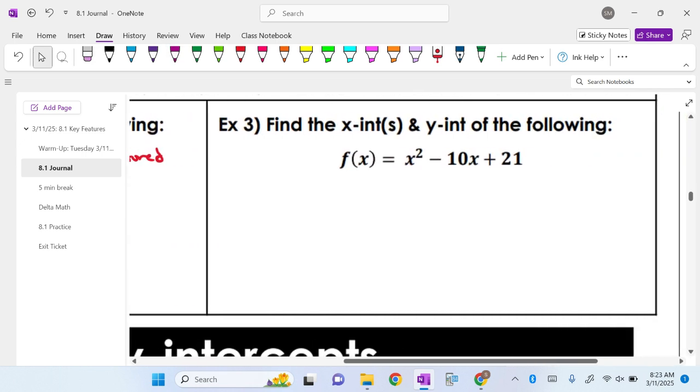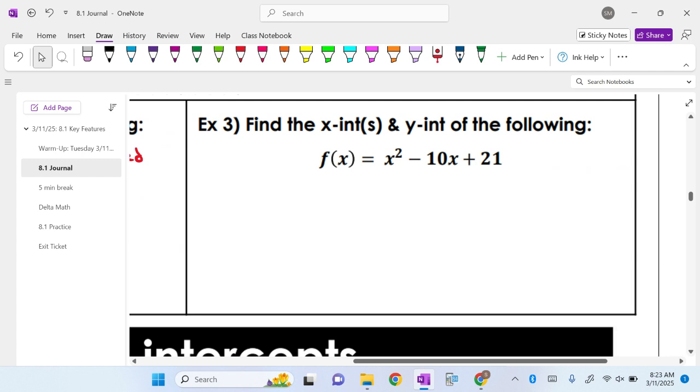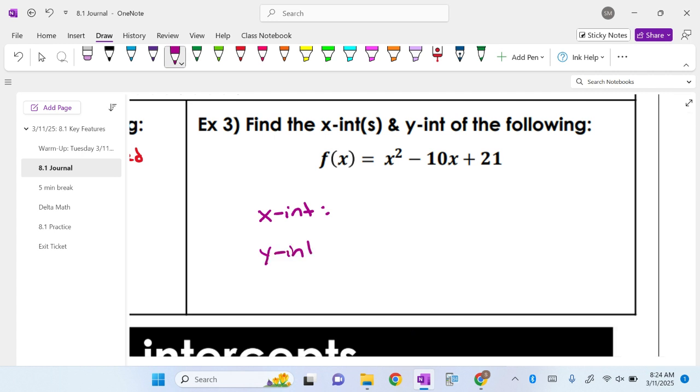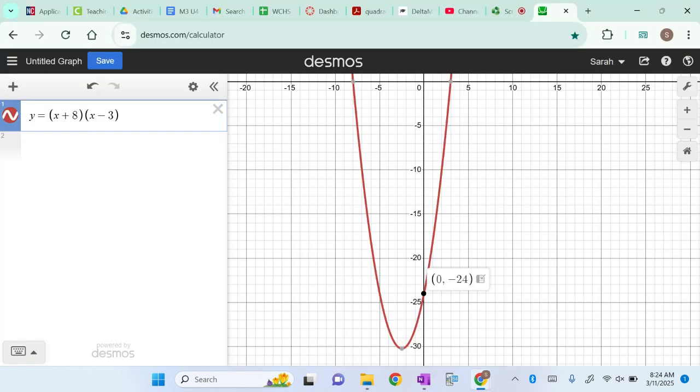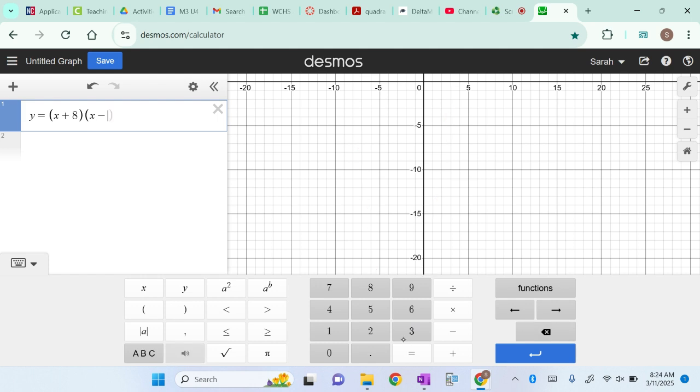Now, take a minute for this second one, graph it, tell me what they are. So take a minute, graph them on your own. I want to know what the x-intercept is and the y-intercept. So again, put it in exactly as you see it.